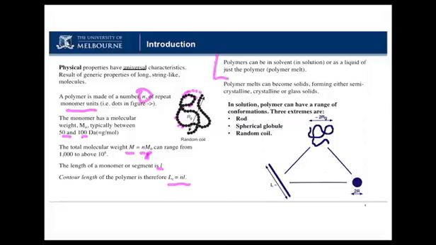The first one is that polymers can be in a solvent or solution as a liquid. Polymers dissolve in a solvent, and I say solvent because hydrophobic polymers that are very oily in nature don't dissolve in water, but they may easily dissolve in an oil.